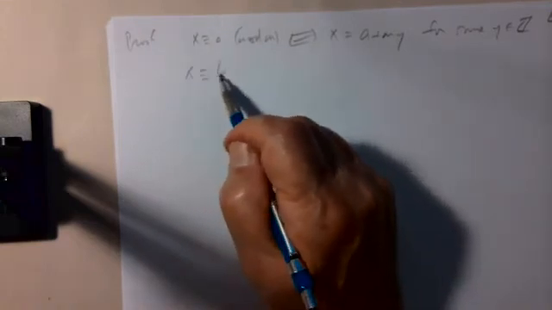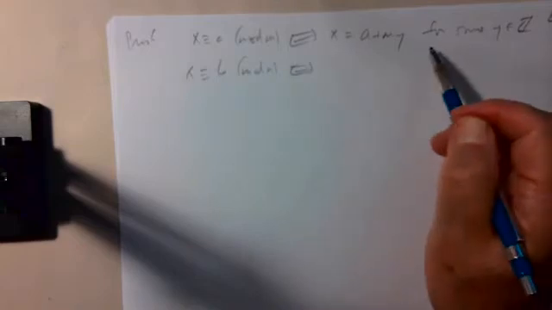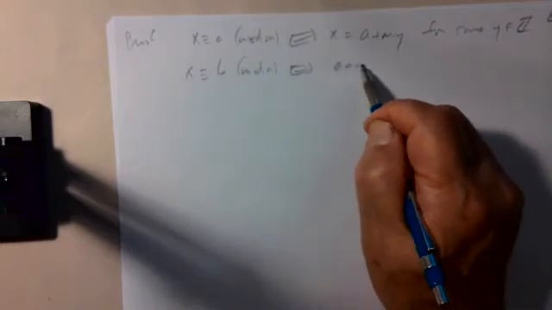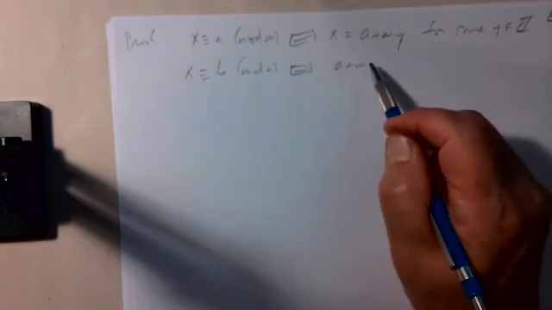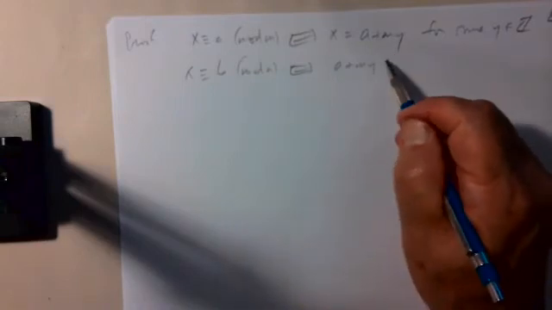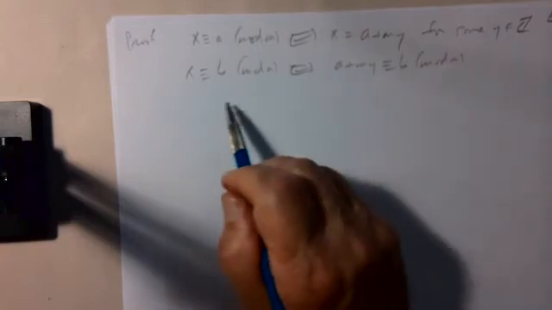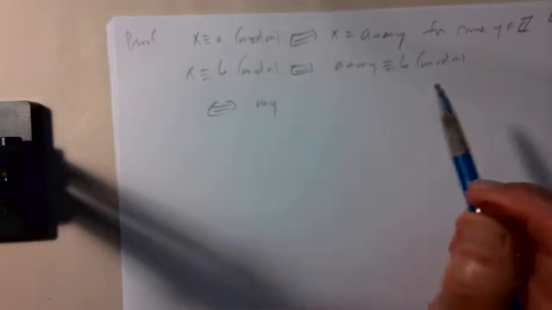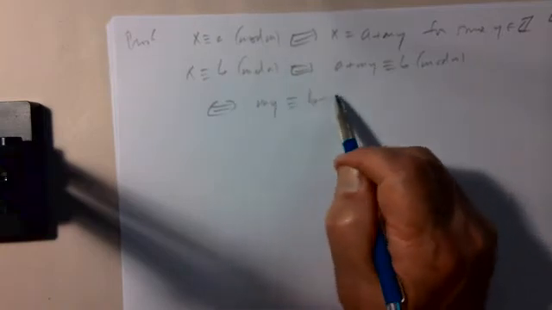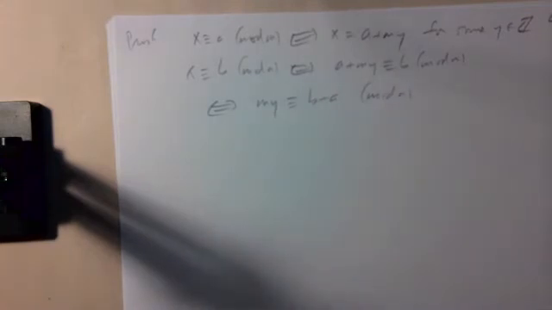And x is congruent to b mod n if and only if, because every x is of this form, you can find a y such that a plus my is congruent to b mod n, which is the same as saying m times y is congruent to b minus a mod n.